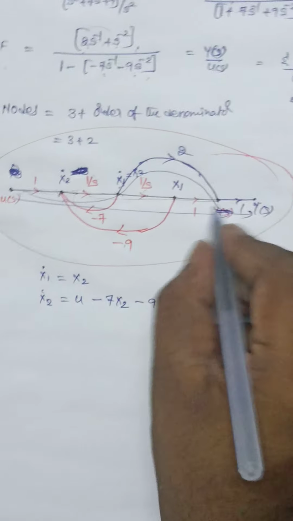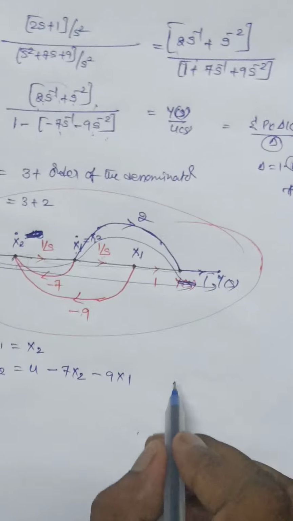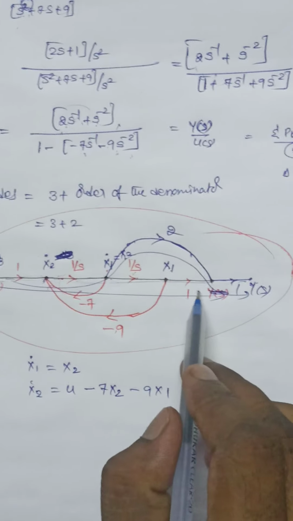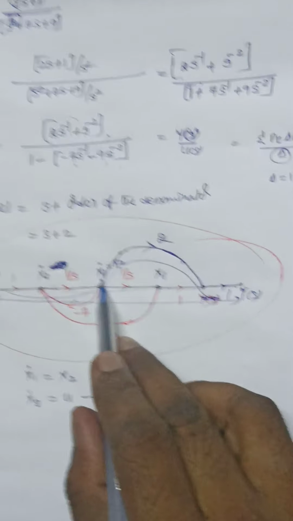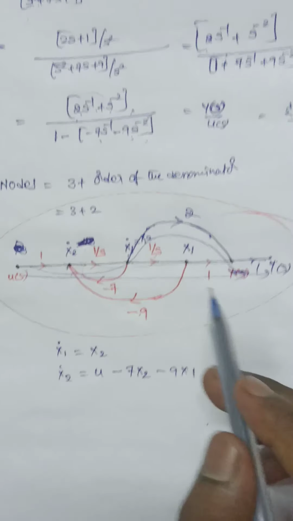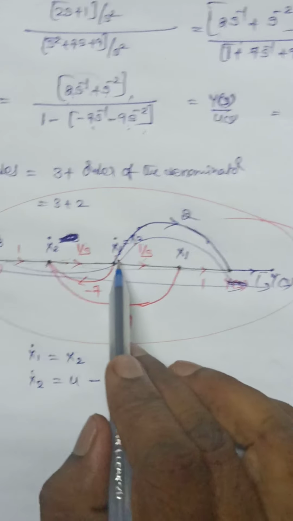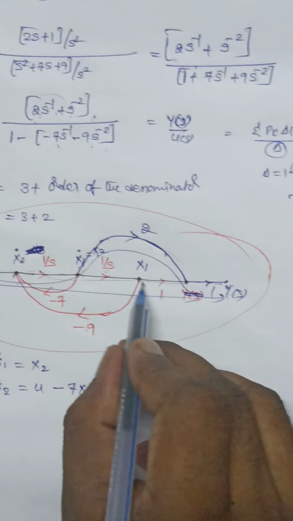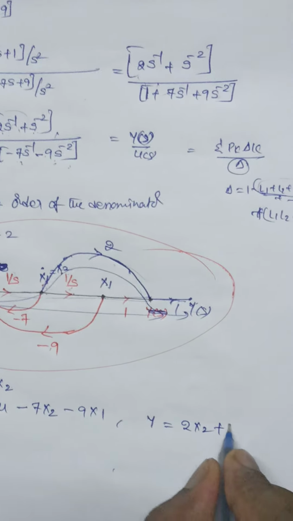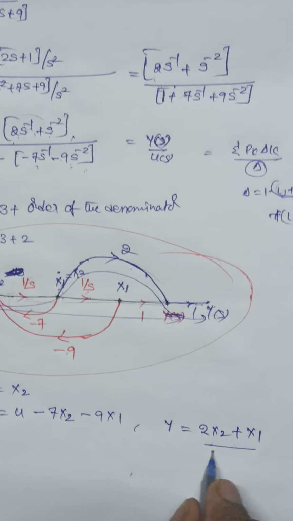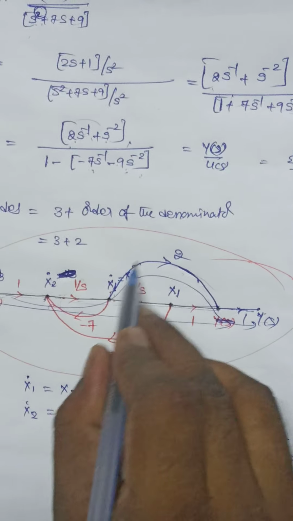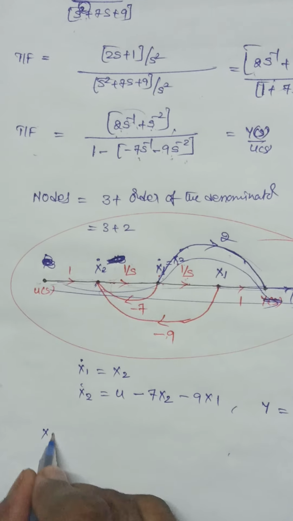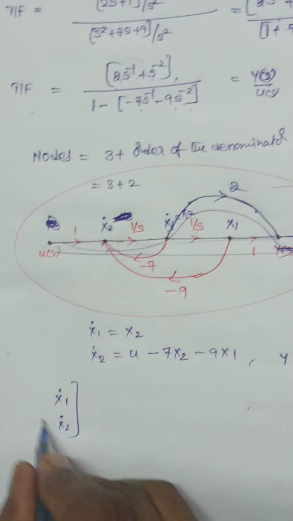And y is the output, y is equal to 2 into x2 plus 1 into x1. So this is the output.